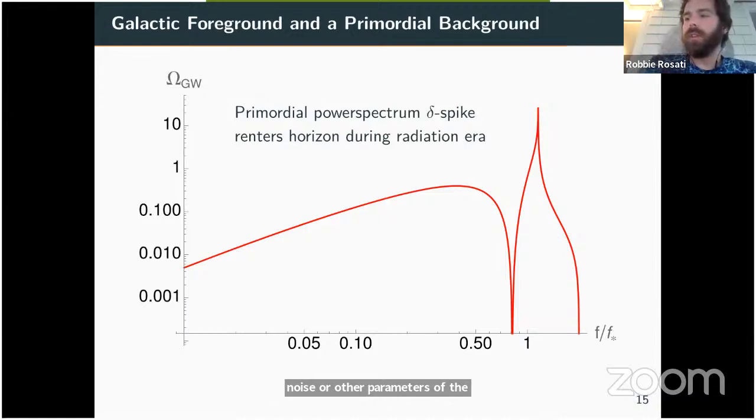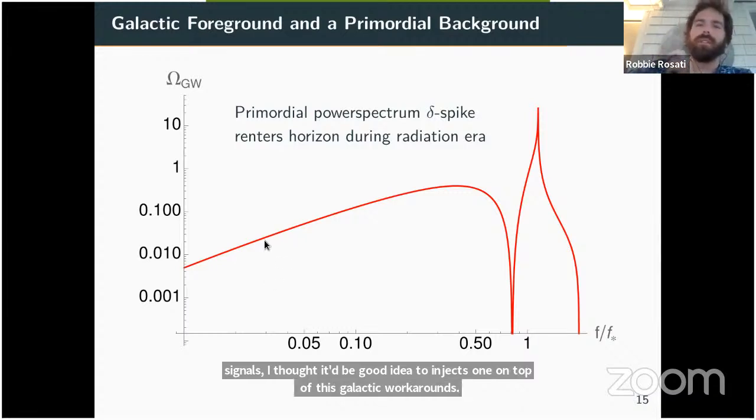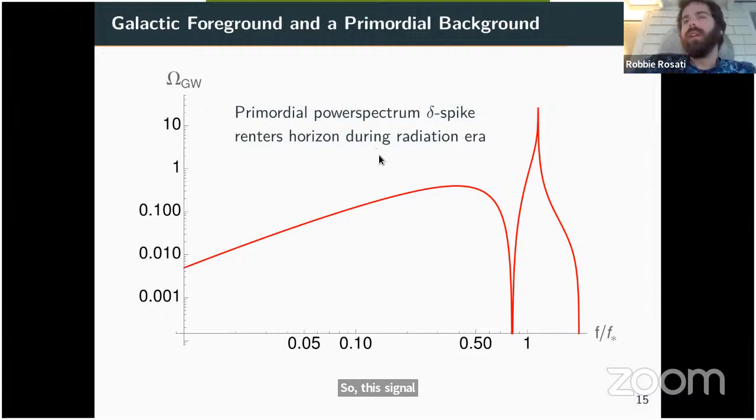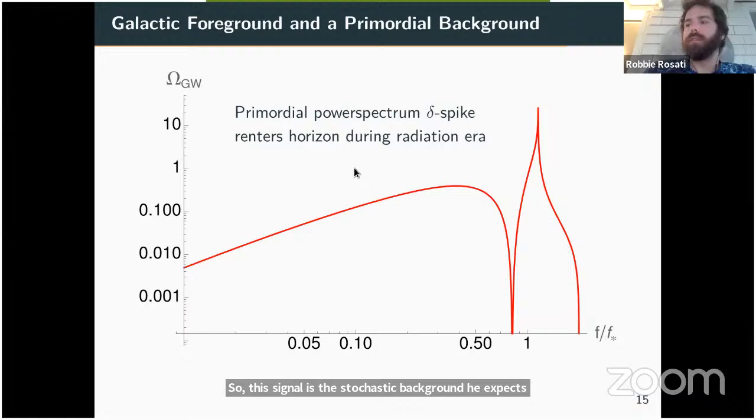And since we're interested in primordial signals, I thought it'd be a good idea to inject one on top of this galactic foreground. This signal is the stochastic background you'd expect from a spike in the primordial power spectrum.